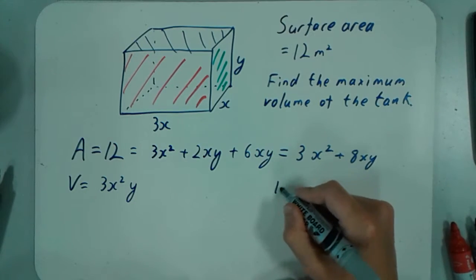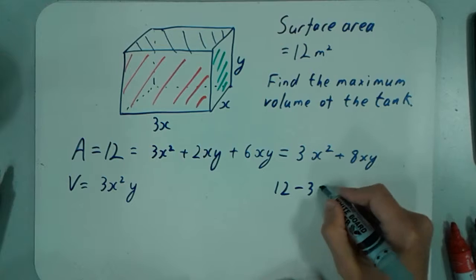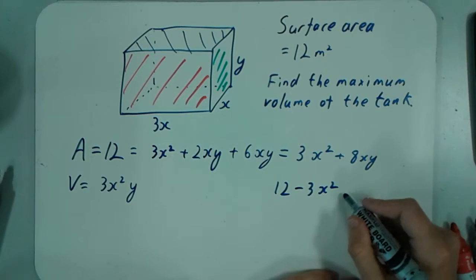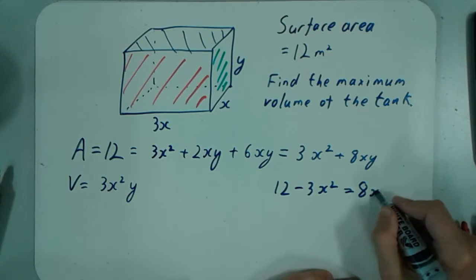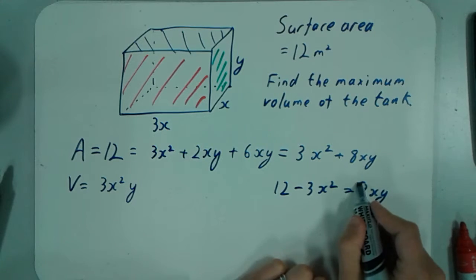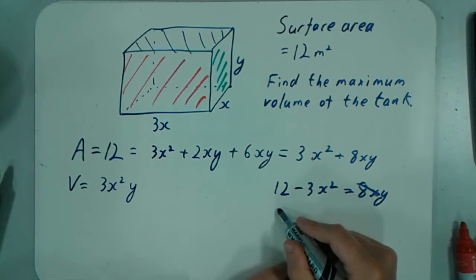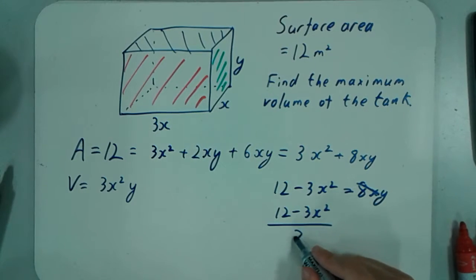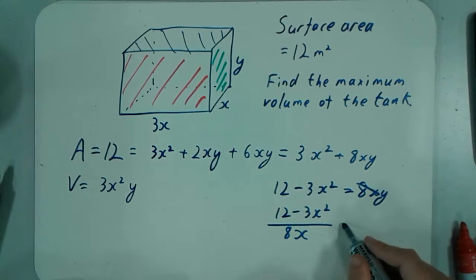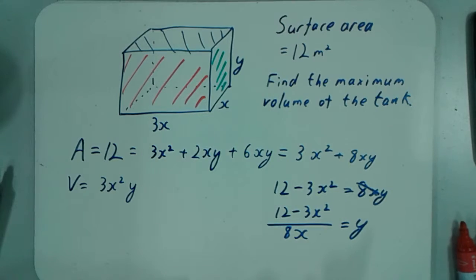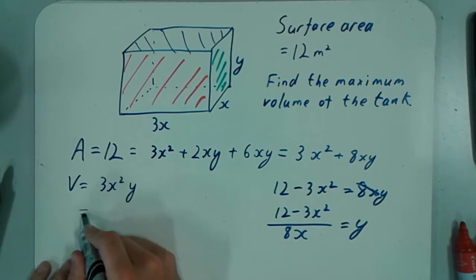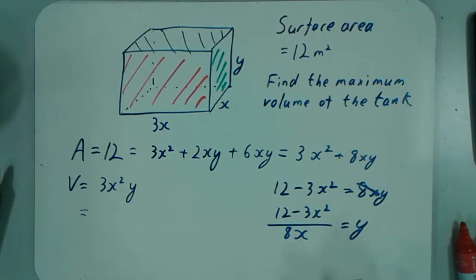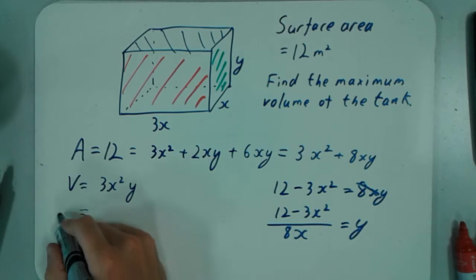Looking at this, we can say 12 minus 3x squared is equal to 8xy. Dividing through by the 8x gives us 12 minus 3x squared over 8x is equal to y. That's perfect. We can now take this value of y and substitute it in here.